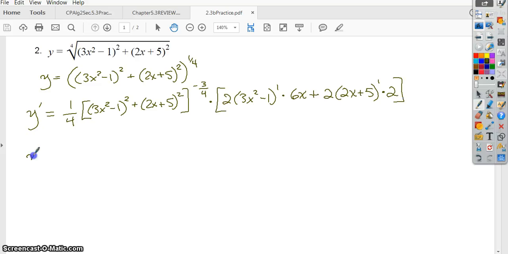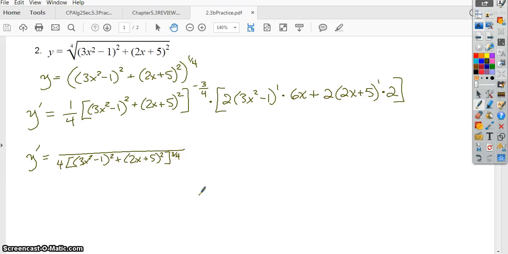What's going to happen here, and I'm probably going to need to do it in 2 lines. This is 4 on bottom. This is 3x squared minus 1 squared plus 2x plus 5 squared, and this is now to the 3/4. Up top, I would have 6x times 2, and I would have 4.